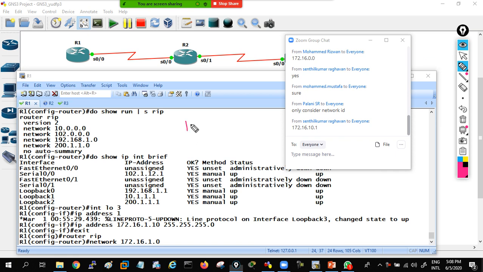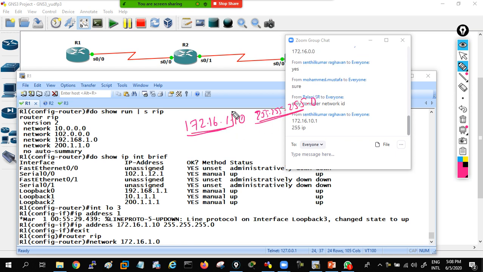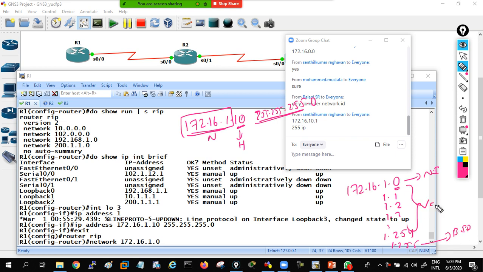Okay, right. 172.16.1.10 is a class B. Because I am doing subnetting, Ashik. Whenever you say 255.255.255.0, the first three portions belong to the network and the last portion belongs to the host. So my IP addresses start like this: 172.16.1.0 is my network ID, and 1.1, 1.2, 1.3, 1.4, like this up to 1.254, then 1.255. 1.255 is my broadcast ID and these are all my valid IPs.